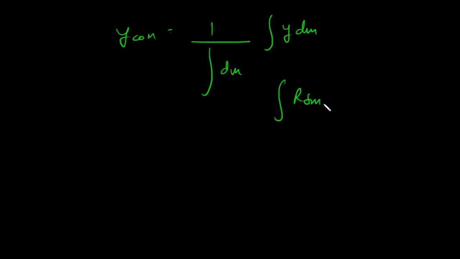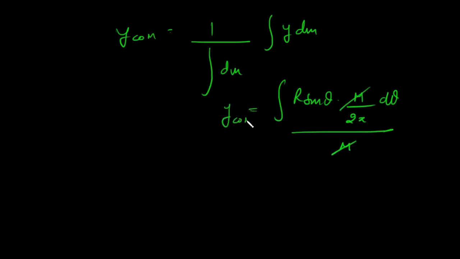Now what is ycom? ycom will be equal to 1 divided by integral dm, integration of y dm, right? And y was r sin theta, dm is m divided by 2 pi times d theta, and the integration of dm is m, which gets cancelled, and ycom becomes, and this goes from 0 to 2 pi.